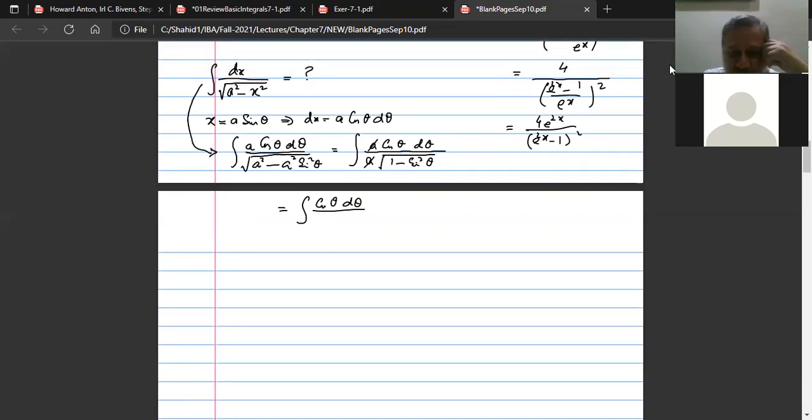Talha, Daulat, do you have any idea what 1 minus sin square theta is equal to?